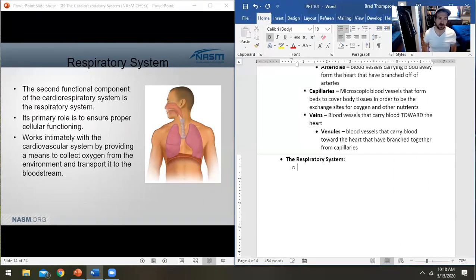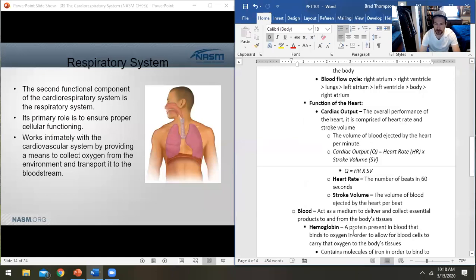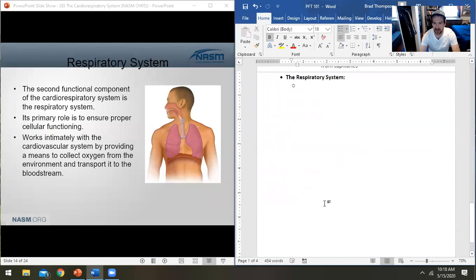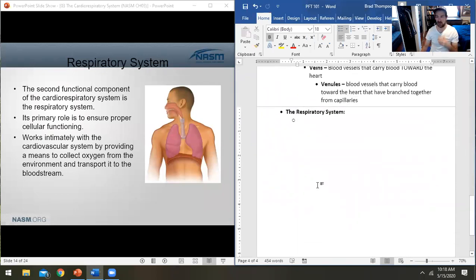All right, so your respiratory system is going to be made up of two primary sections, right? Your respiratory system is responsible for gathering oxygen and providing a super oxygen-rich environment for all of that blood that we mentioned in the last half of this lecture.